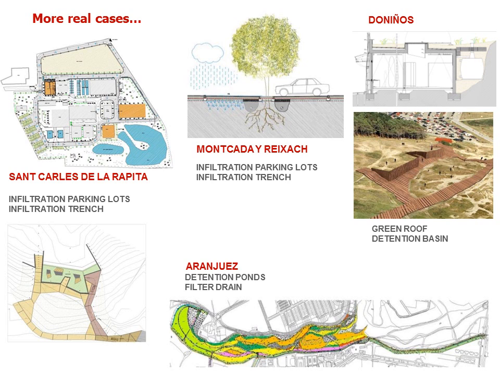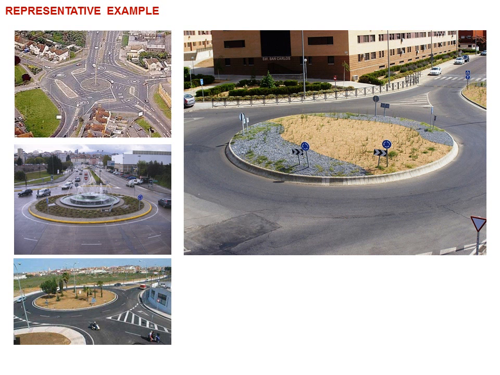In Aranjuez, Madrid, the architectonic designs include detention ponds and the filter drain. And for the last example, in Doñinos, Galicia, green roofs and detention basins were constructed.